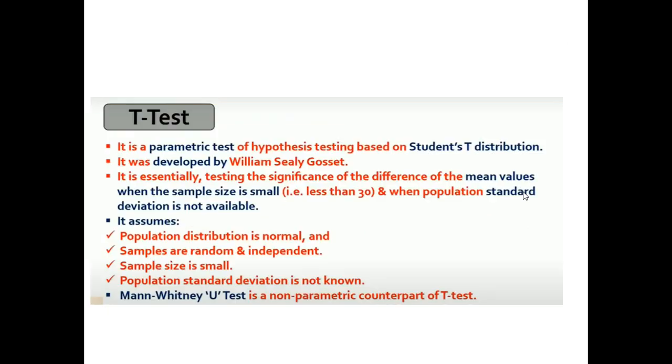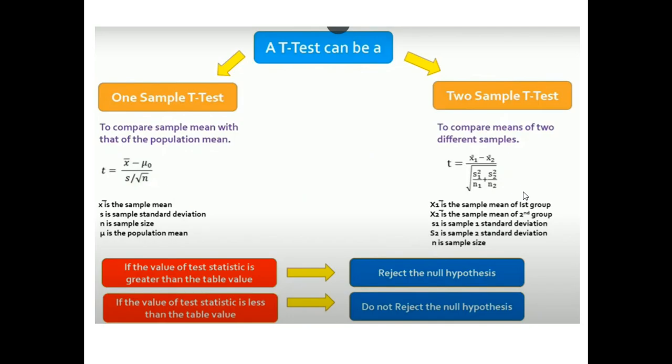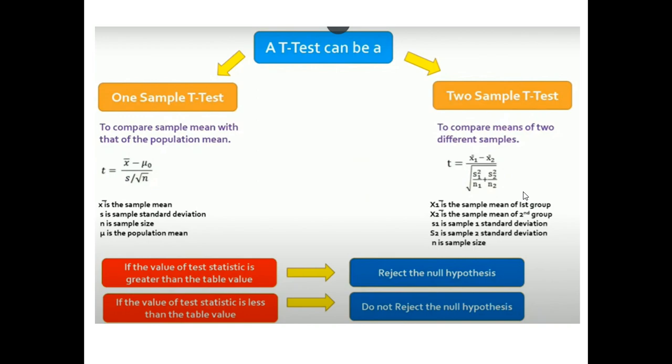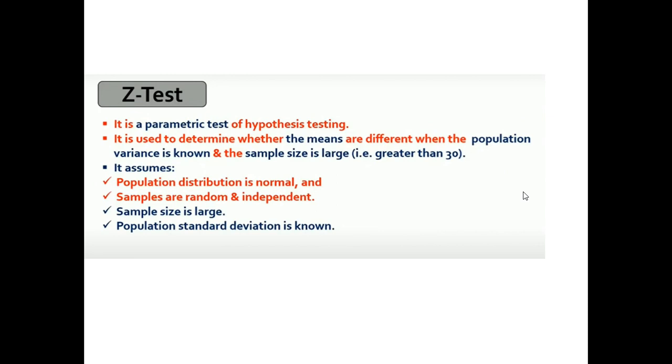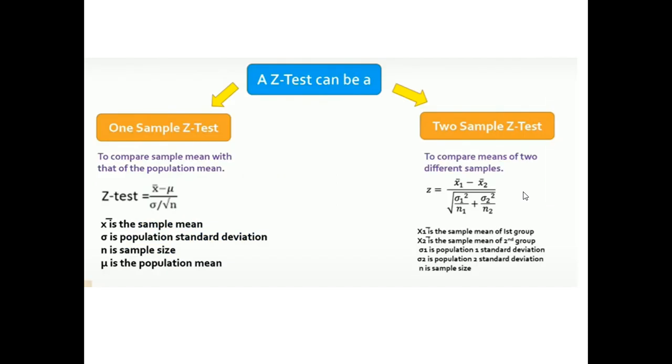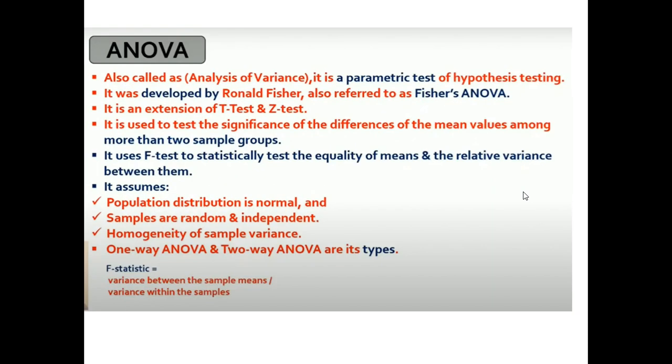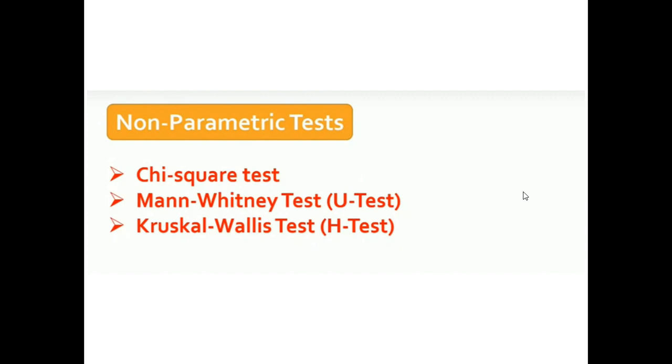So we discussed the t test, and the z test, which can have two use cases. Then the F test and ANOVA, which is for more than two groups. Non-parametric includes chi-square, Mann-Whitney U test, and Kruskal-Wallis test.